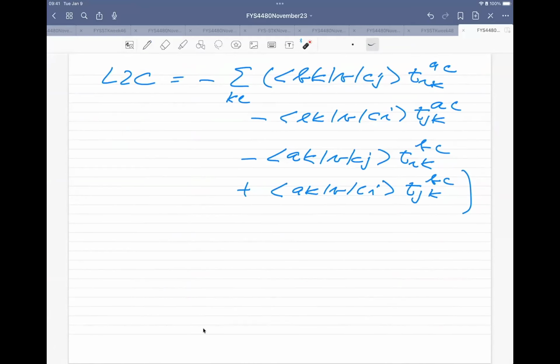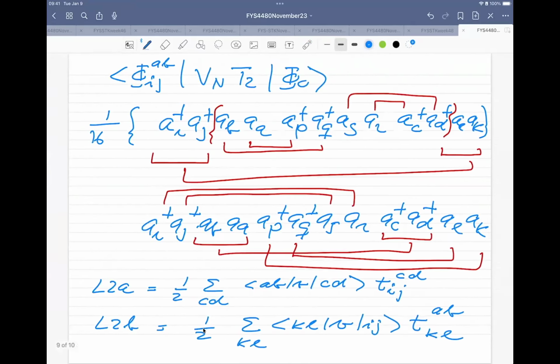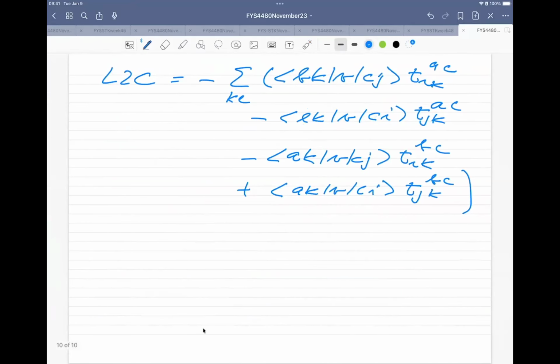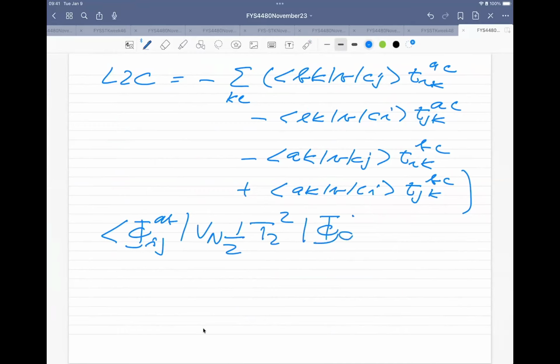So this is the final term which you get, if we now look at this term here, that one. So after the break, we are going to enjoy the final term, which is going to be phi ij, ab, and then we have a v of n, and then we have 1/2 and t2 squared of phi 0.